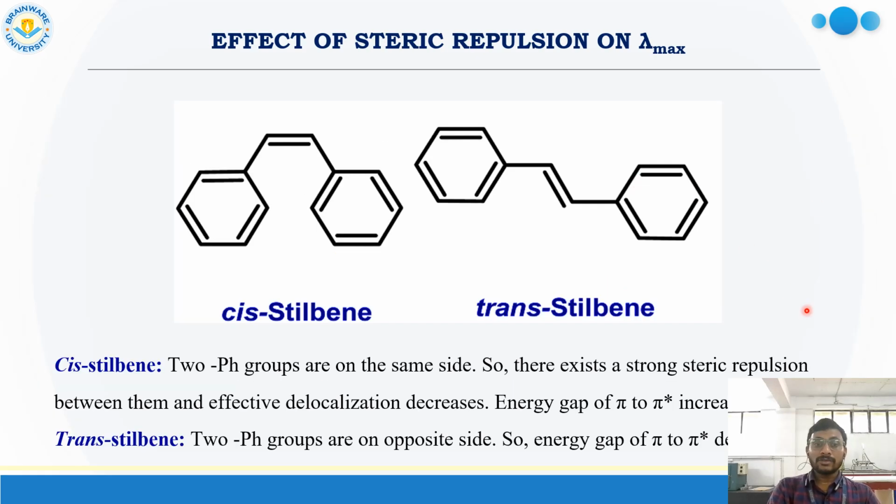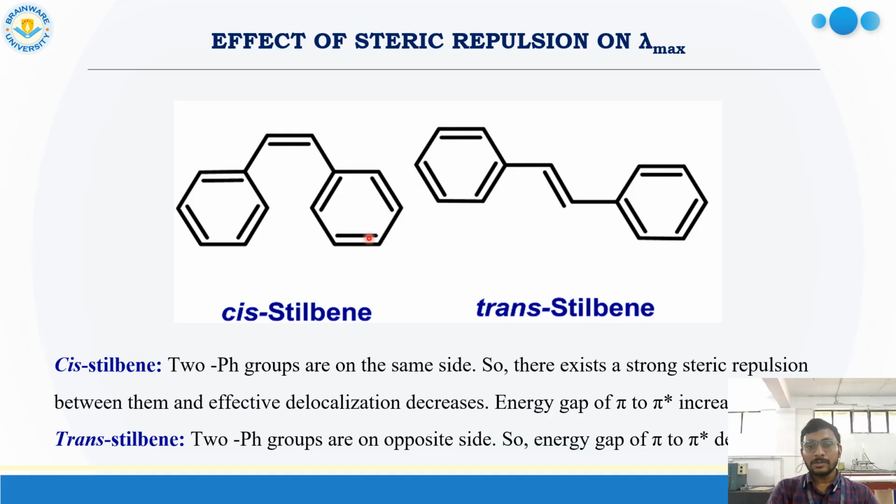Steric effects can also be a factor in resonance. This is again the same explanation of resonance. However, what happens here, in cis stilbene, two phenyl groups are in cis position. Because they are present in cis position, they are facing a steric repulsion in here.